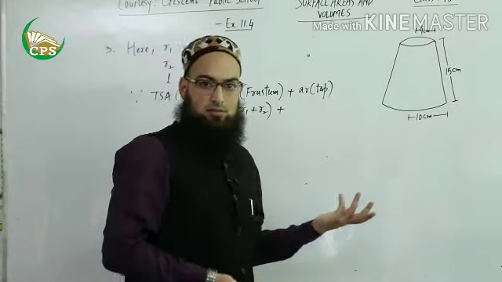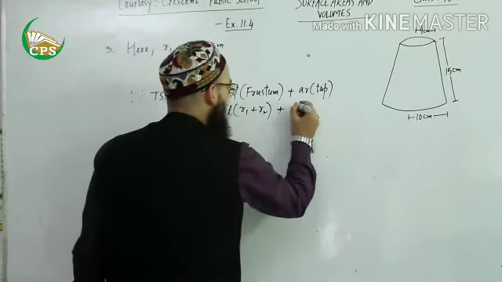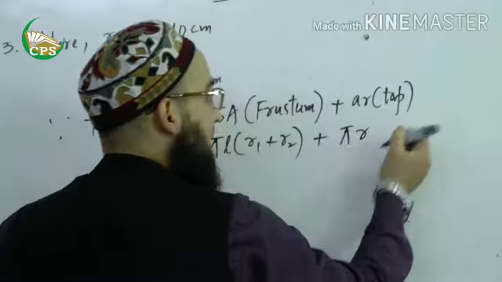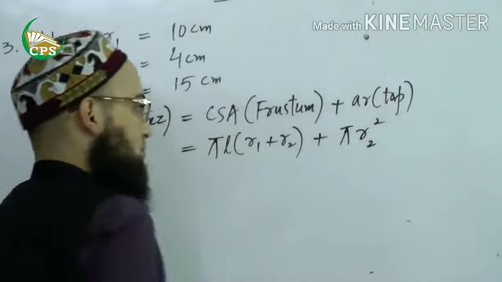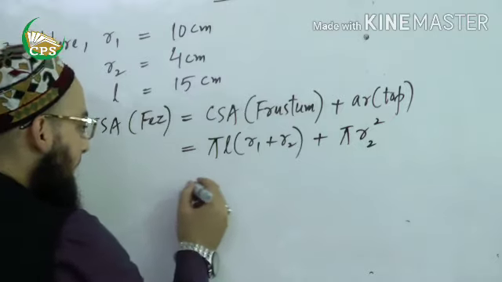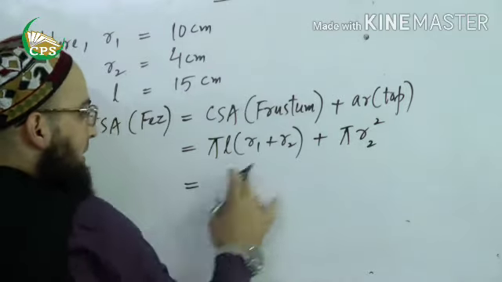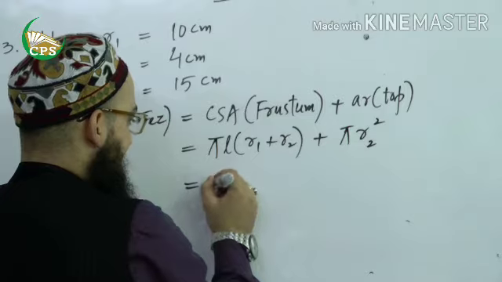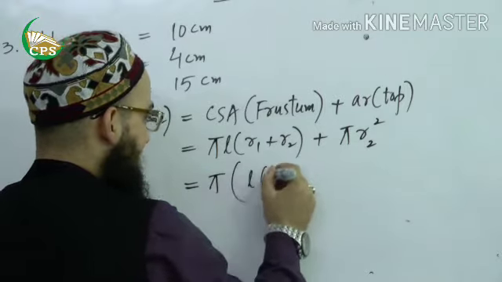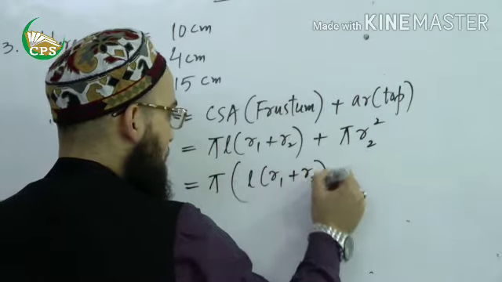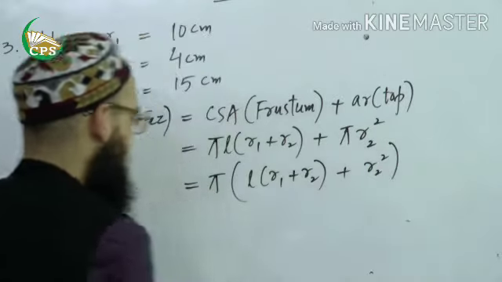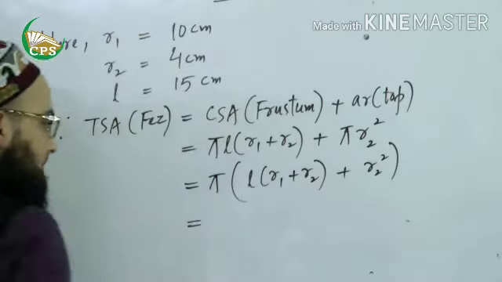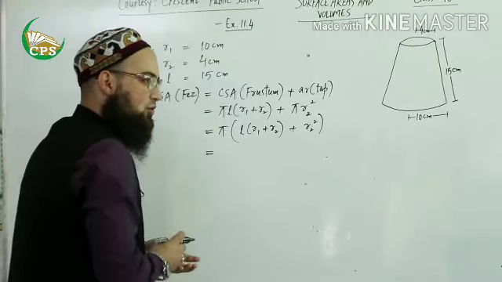So that is the area of a circle, pi r squared, but which r is there? r2. Yes, pi r2 squared. Now, you can take pi out. What is left? L times (r1 plus r2) plus r2 squared. Now put the values in. You can take pi as 22 by 7.